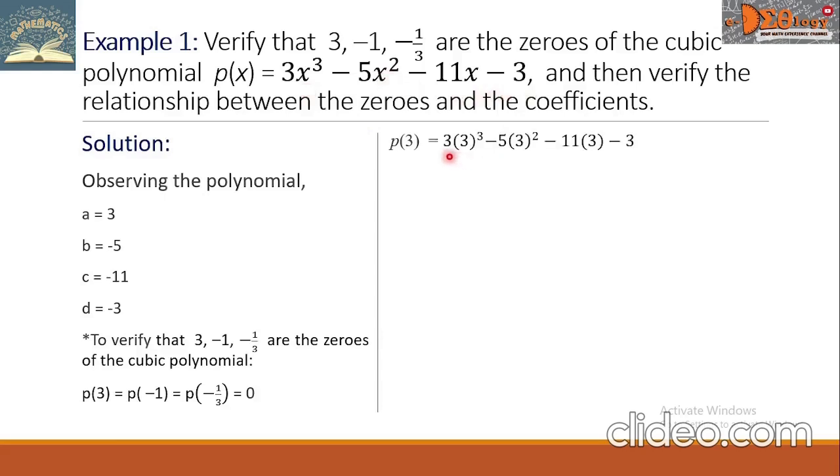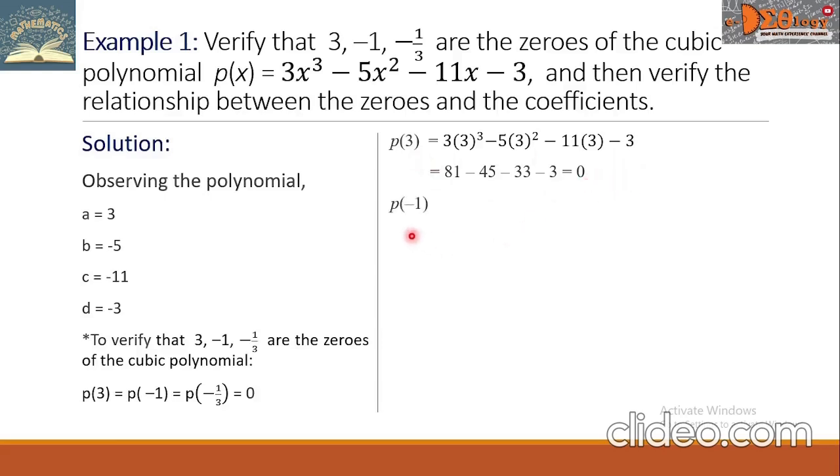So we have 3 times 3 cubed minus 5 times 3 squared minus 11 times 3, then minus 3. This 3 cubed times 3 will be 81, minus 3 squared is 9 times 5 becomes 45, minus 11 times 3 is 33. Then we have this -3. When we simplify this, the answer is 0. So p of 3 is 0.